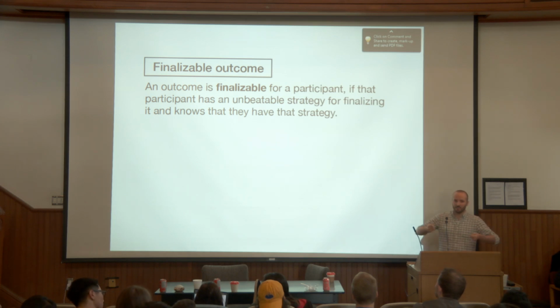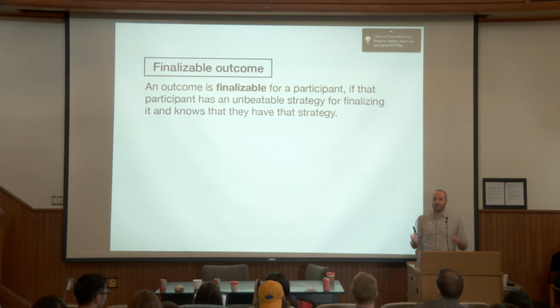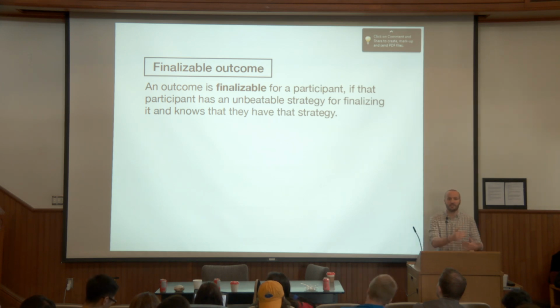The unbeatable strategy might involve submitting a final state and instantly checking out your coins. It might involve submitting a state and waiting for the challenge timeout, knowing that nobody can beat your state. It might even involve submitting a sequence of states, knowing that no one can beat it eventually, and eventually you'll get to a point where you can obtain that outcome.